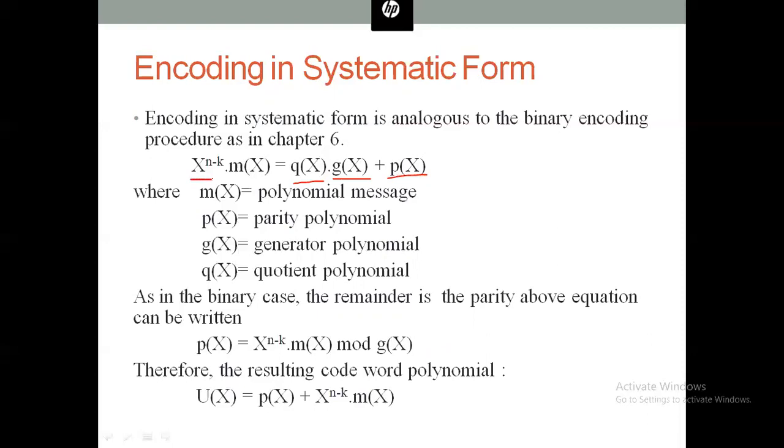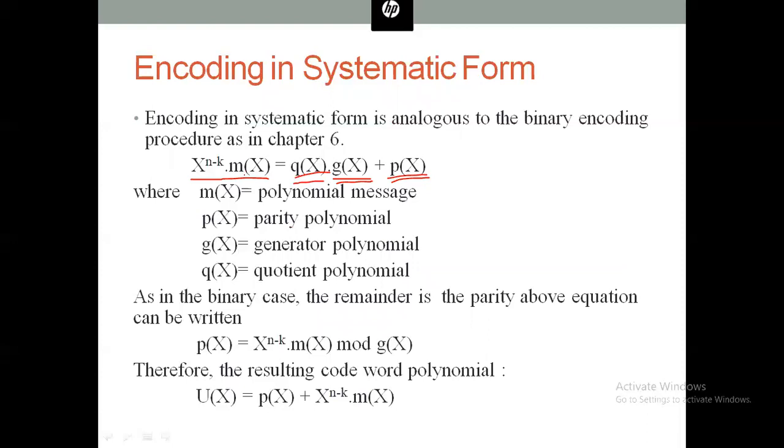So we multiply the message with x to the n minus k, m of x, and we divide it by the generator polynomial, and we get the quotient and the remainder. And by adding the remainder, we are able to encode the symbol.